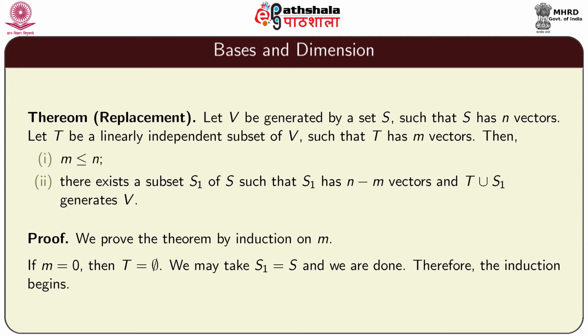In this case, we can take S1 to be S and we are done. That means the spanning set of V, which is S, itself serves the purpose. Therefore, the induction begins.